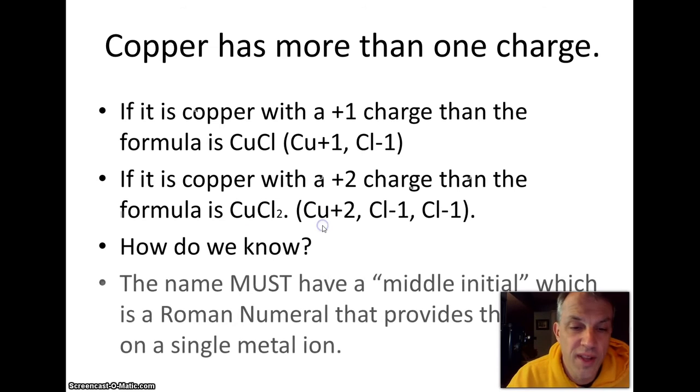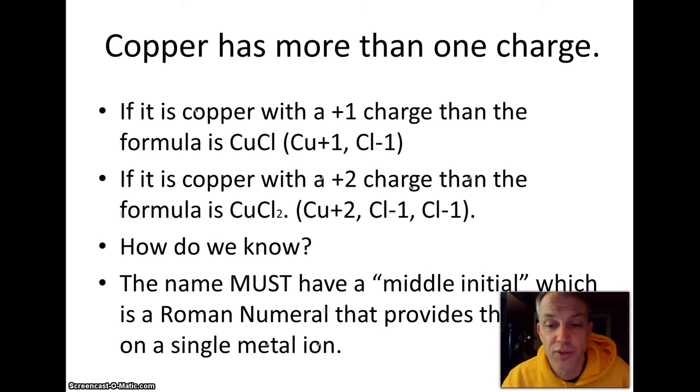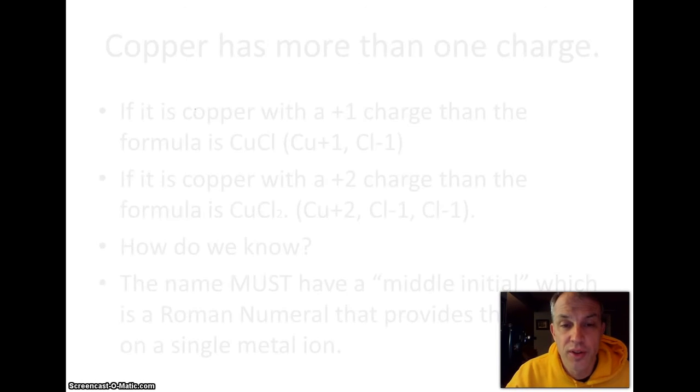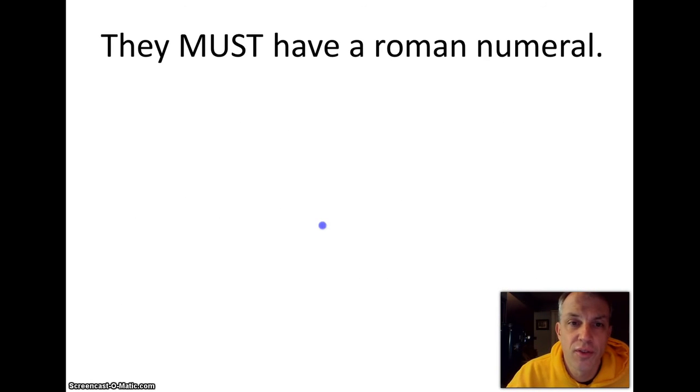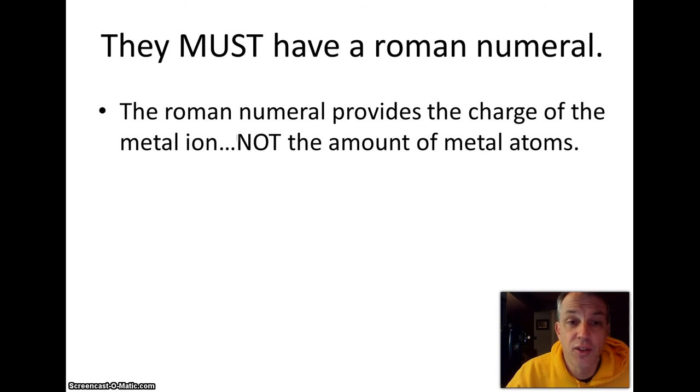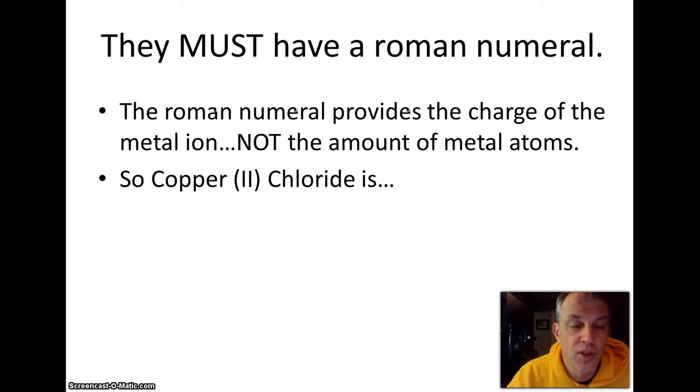Now, what that means is that in the naming, we have to give it what I call a middle initial. The middle initial is a Roman numeral that tells us the charge on the single metal atom. Again, the Roman numeral is the charge, it's not the number of metal atoms. So let's say we have copper 2 chloride.